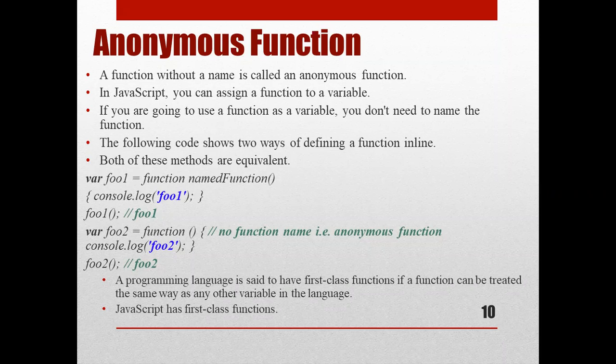If you are going to use the function as a variable, listen carefully. You don't need to name the function. Without a name, that function is an anonymous function, and we can assign it to a variable. That means we can use a function as a variable. Here you can see the sample code.